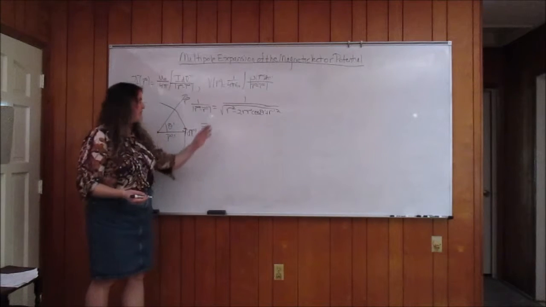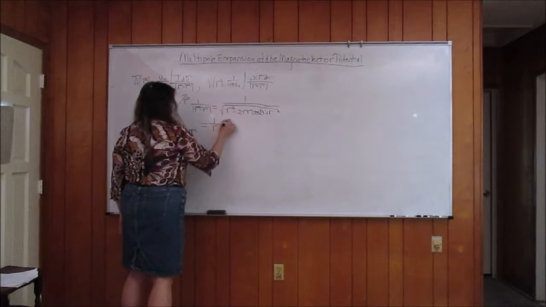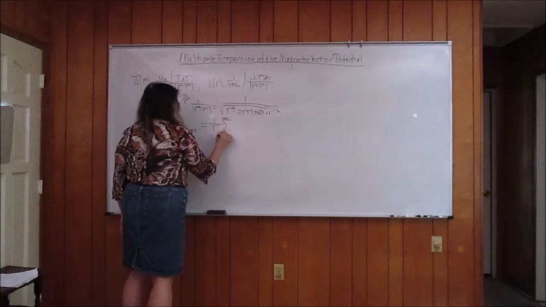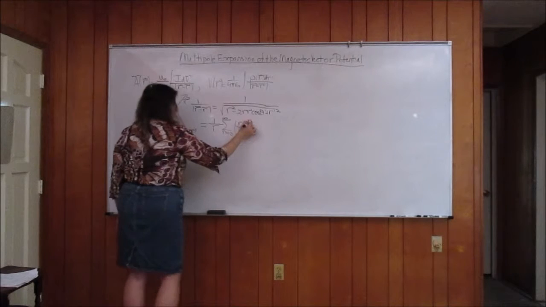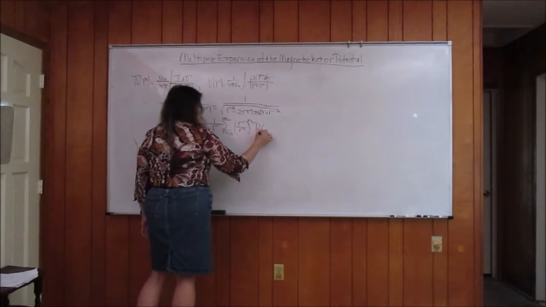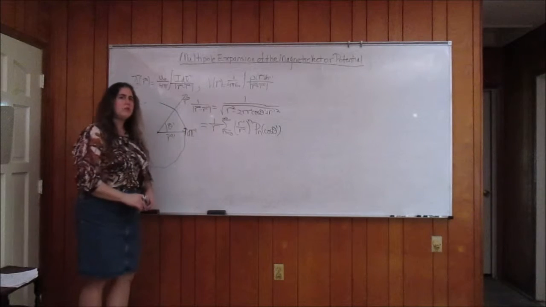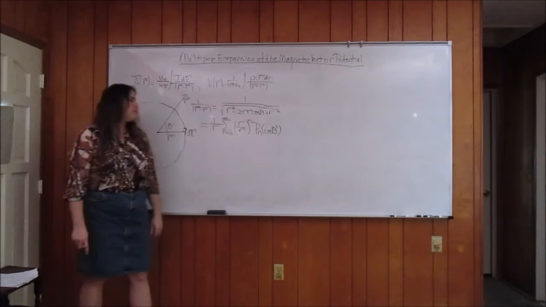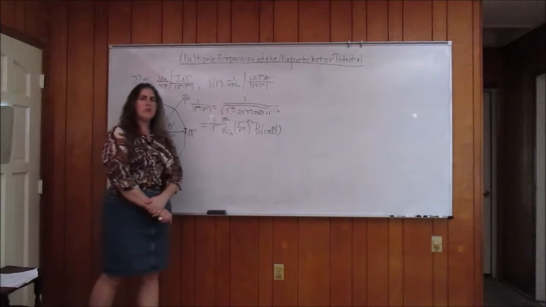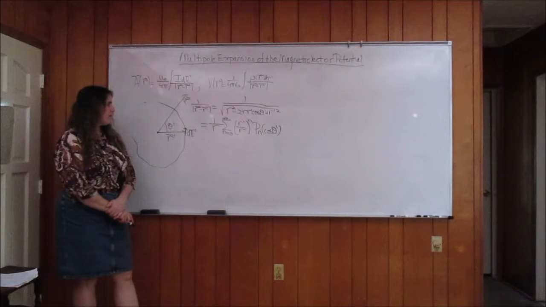I'll merely quote the result that this can be written as one over r summation n equals 0 to infinity of r prime over r to the nth power times the nth order Legendre polynomial as a function of cosine theta prime.